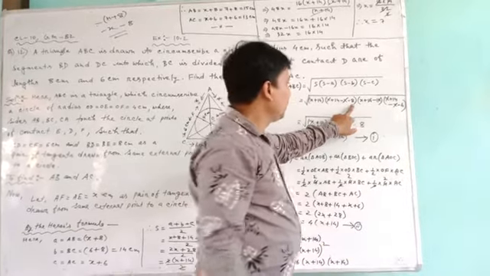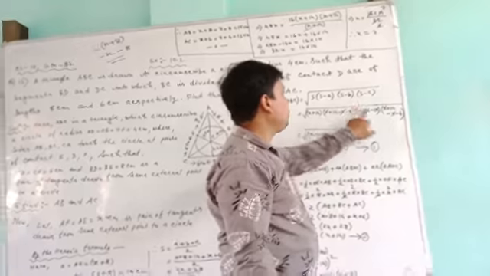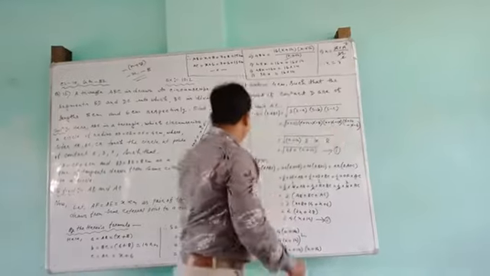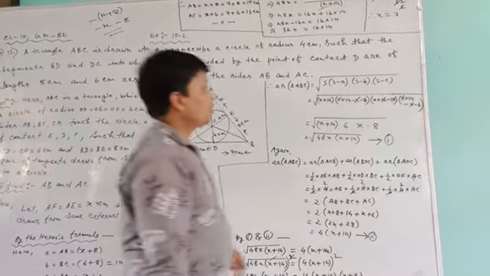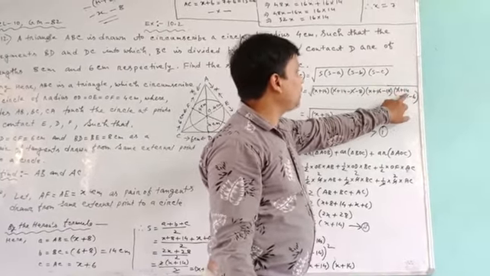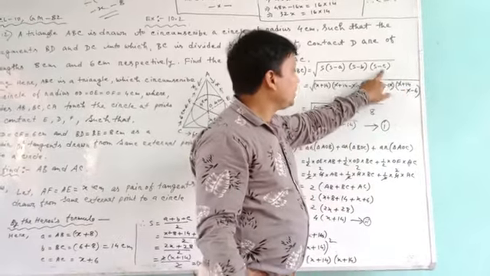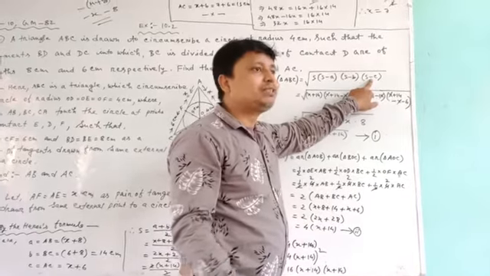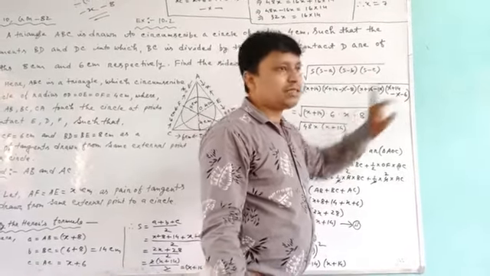Next, s is x plus 14 and B is BC, which is 8 plus 6 equal to 14, so we write 14. Then s is x plus 14 and C is x plus 6, but the sign is minus, so both signs will be changed: minus x minus 6.